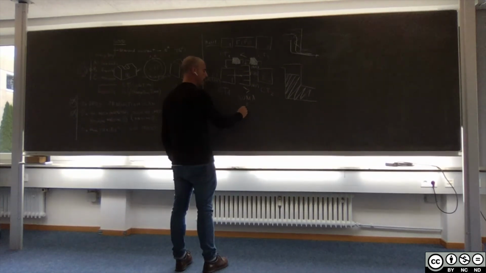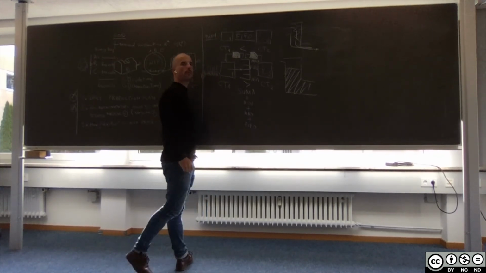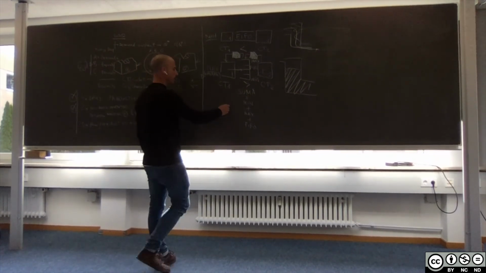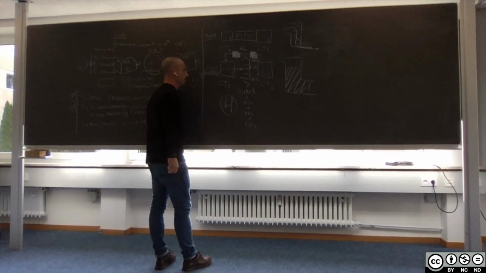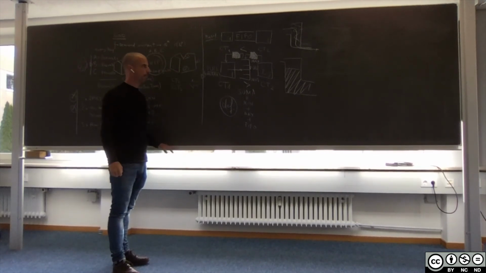So a supermarket is a sum of minimum plus maximum plus FIFO. You need all three of them. This is per definition. Okay? Any questions?